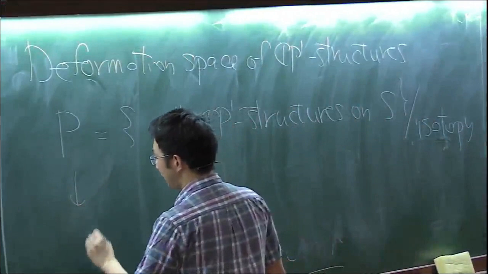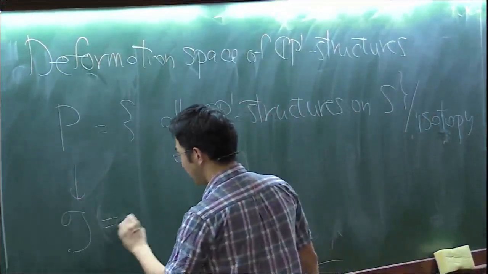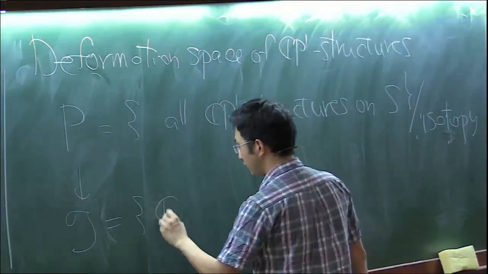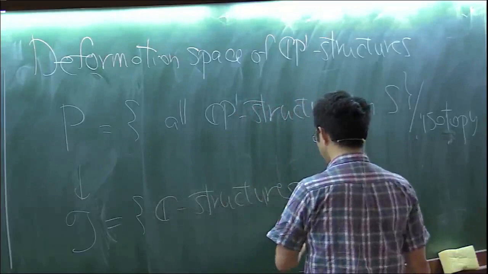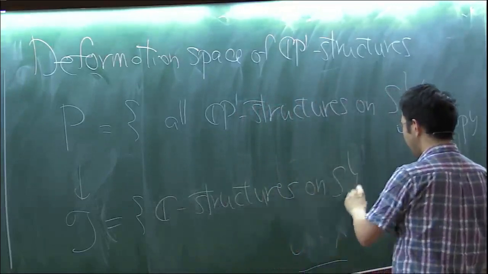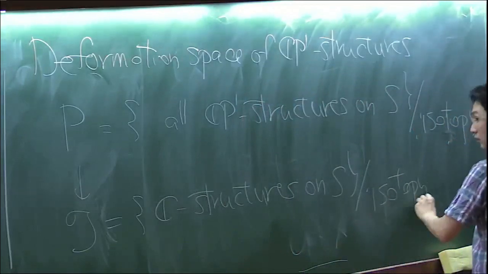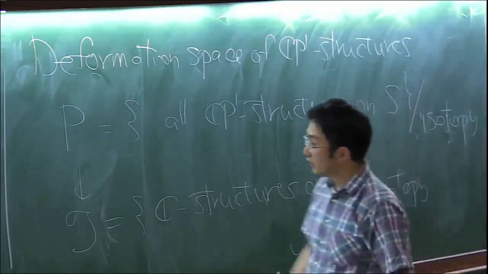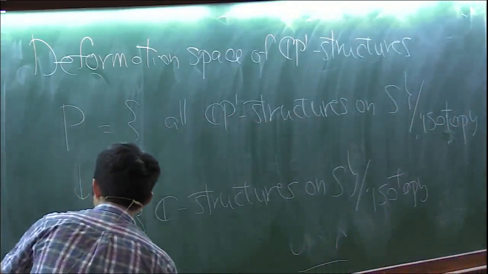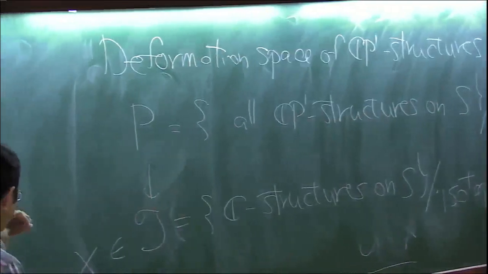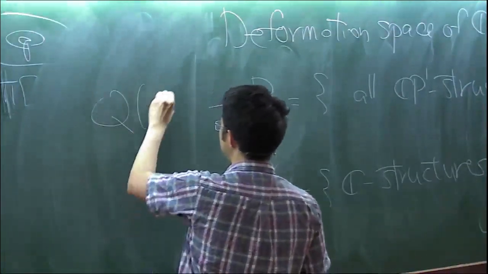And this is a vector bundle over Teichmüller space. So this is all complex structures on the surface, again up to isotopy. And the fiber over a Riemann surface is the space of holomorphic quadratic differentials.